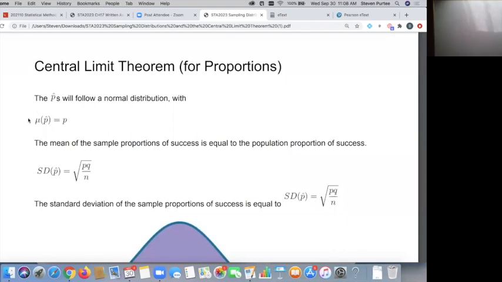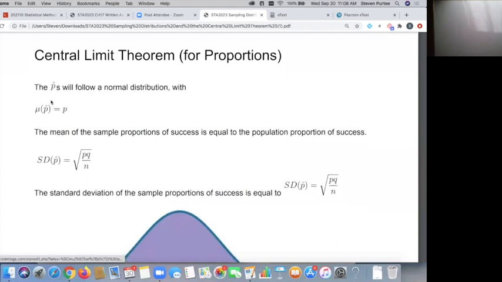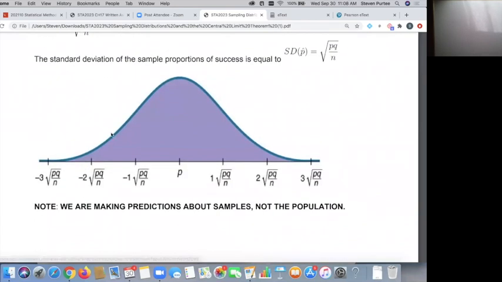Okay, this notation confuses students every semester. This is function notation. That is not multiplied right there. That's like f of x. That says the mean of all possible samples is the population success rate. And the standard deviation of all possible sample proportions of success is square root of PQ over N. So we get a bell curve.